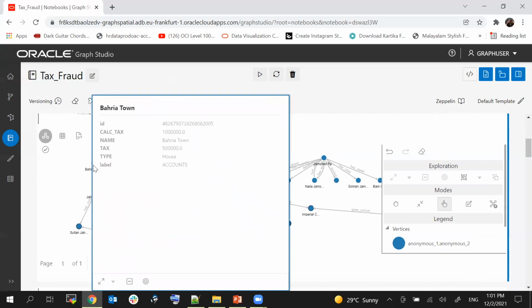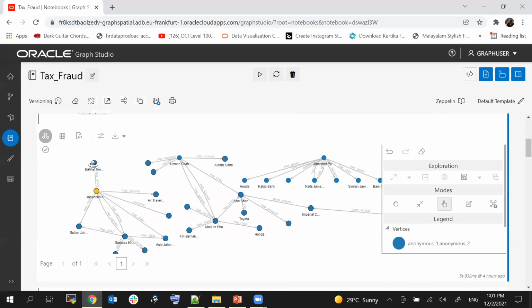And in this itself, we can see that the calculated tax for that particular building in which he has invested is around 1 million, but the tax declared by the person is only 500,000. So the person has tried evading tax by paying a very less amount of money, and that can be captured well using a visual representation.